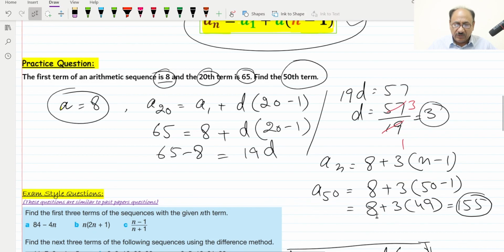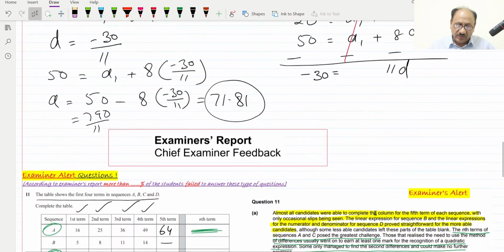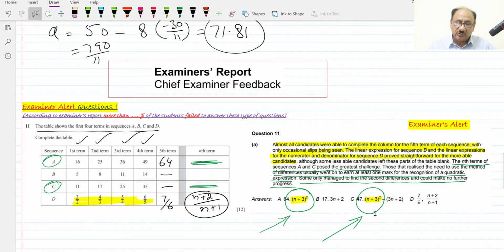We have gone through very interesting practice questions, plus 7 extensive practice and exam style questions, and then finally we have gone through the examiners report, the chief examiner's feedback, in which they have clearly told us that arithmetic sequence is a little easier, but quadratic sequence is a challenge. So this challenge we will tackle in the next video. Hopefully you understood each and everything.